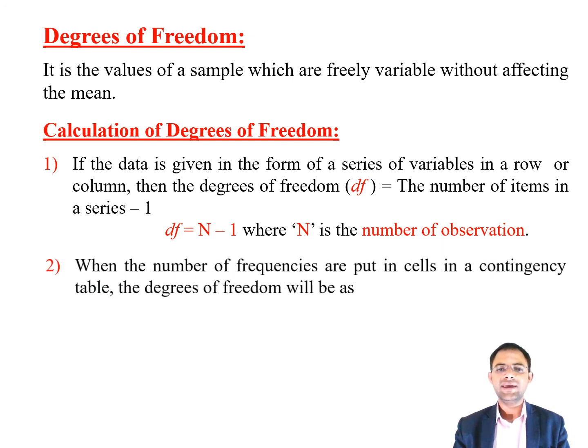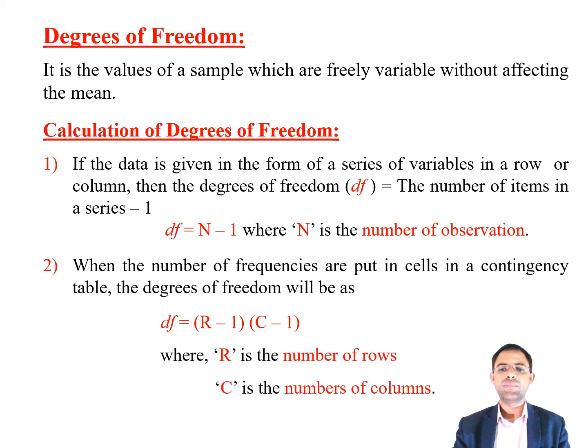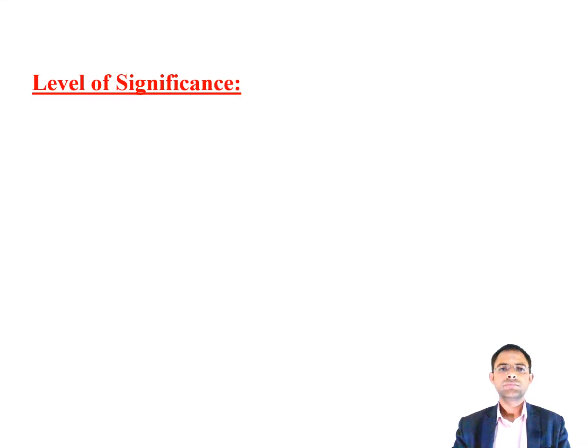And in the second way, when the frequencies are put in cells in a contingency table, the degrees of freedom will be df equals (r minus 1) into (c minus 1), where r is the number of rows and c is the number of columns.